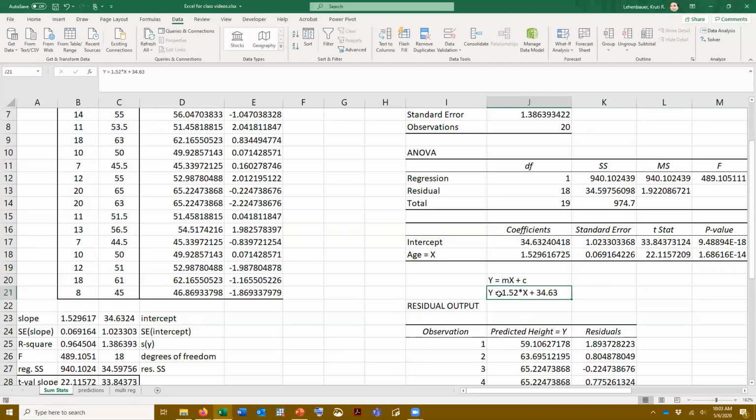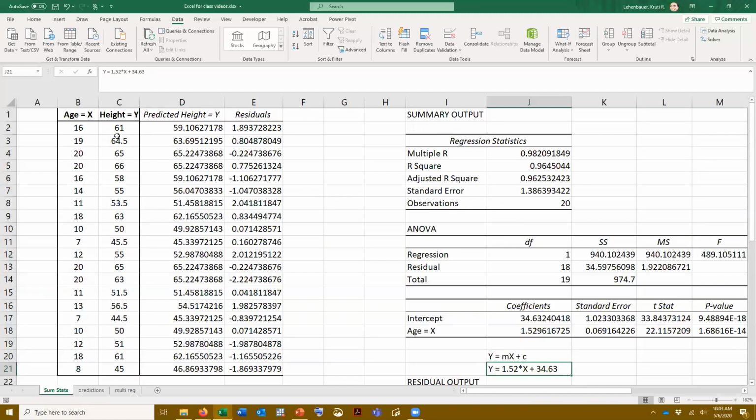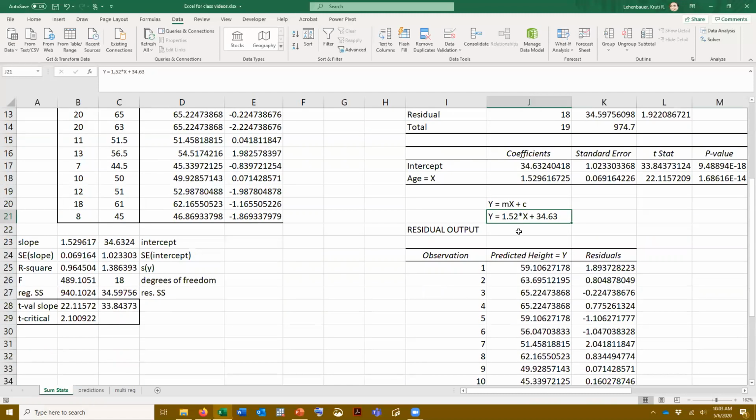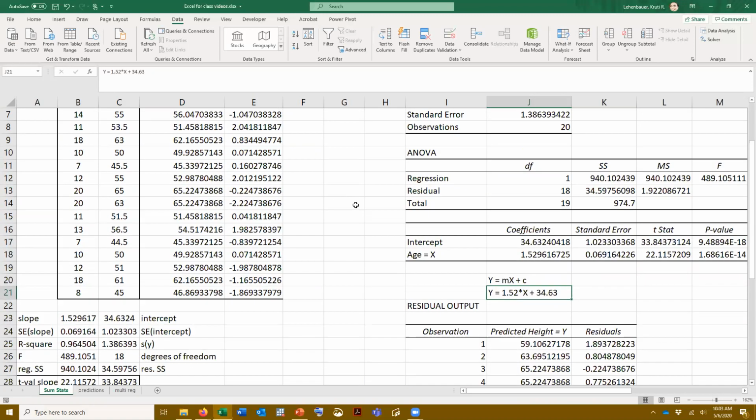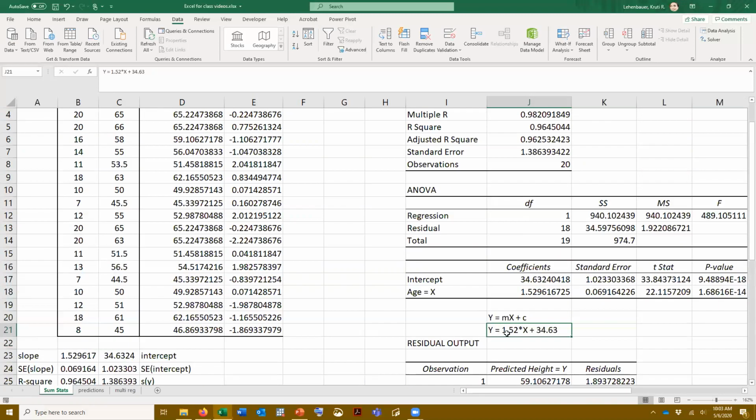That is basically what we got. We got a line that predicts what a person's height would be if we knew their age. And that is why regression analysis helps us in terms of predicting things or being able to identify what an expected value would be.